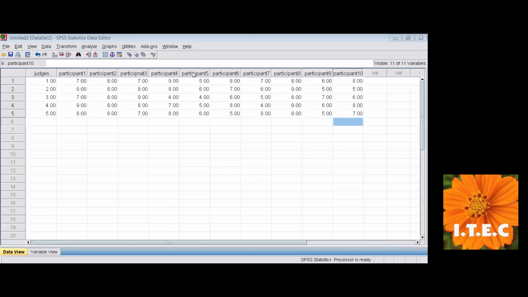Sunil Gawande, W is significant because the chi-square value is significant. So you cannot find out directly whether the W value is significant or not. You can find out whether W value is high or low. So here the value of W is 0.52.